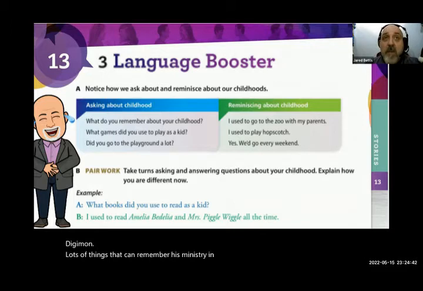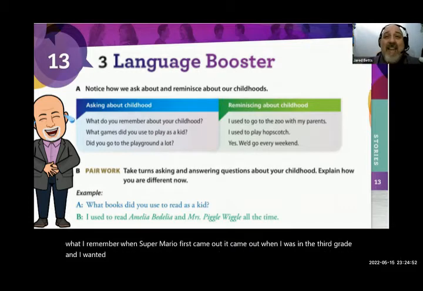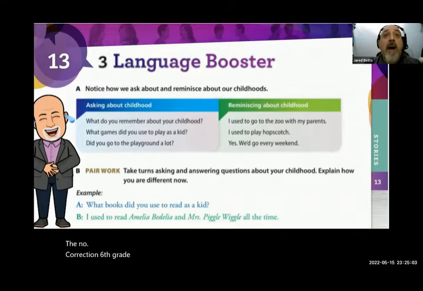For those of you who said Mario, guess what? I remember when Super Mario first came out. It came out when I was in the 3rd grade, and I wanted a Nintendo so bad. But it wasn't until I was in the 6th grade that I was actually able to buy a Nintendo.